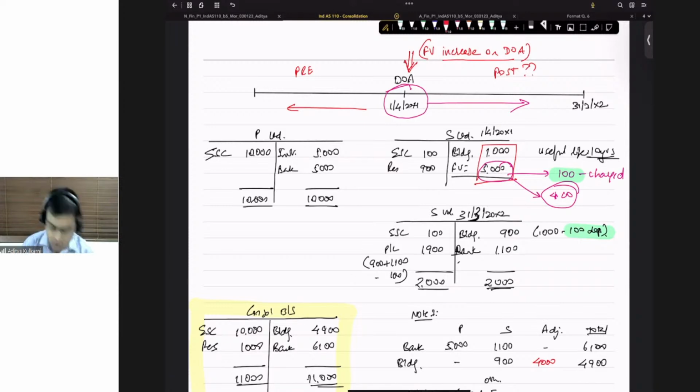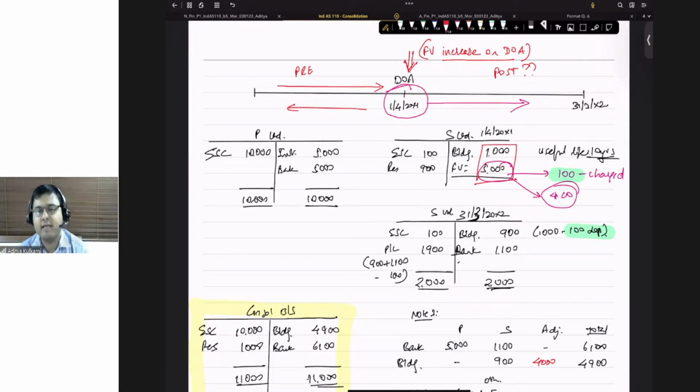Is it okay? So therefore, this increase happens here and it is reflected on the date of acquisition. Sir, why? Ind AS 103 yaad karo? The net assets have to be stated at fair value. So I do a fair valuation exercise on 1st April 20x1.